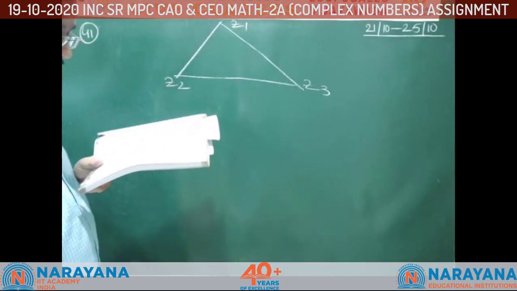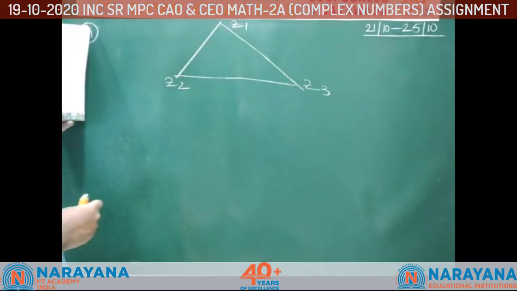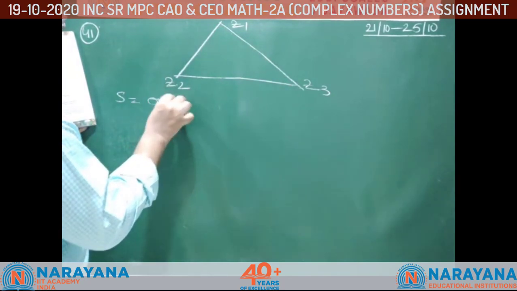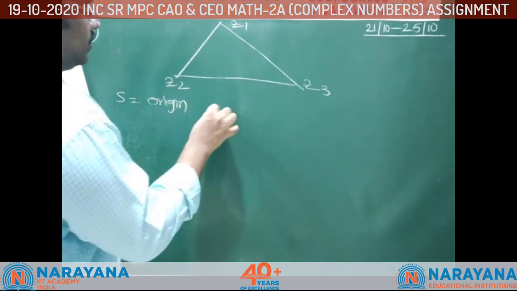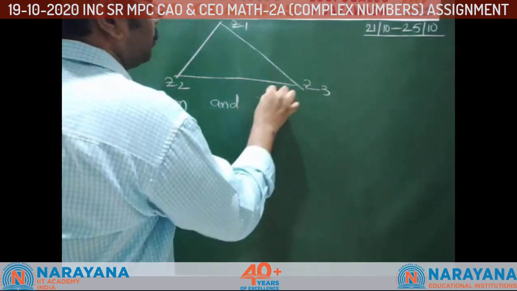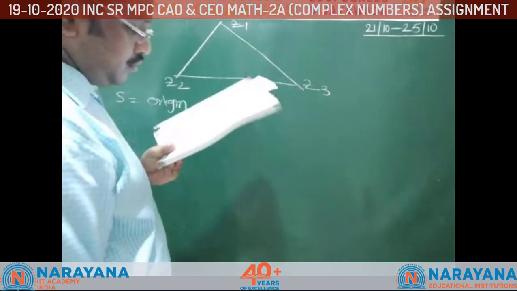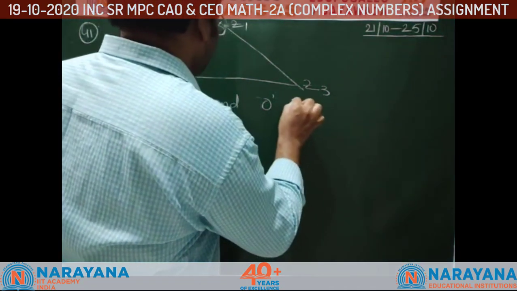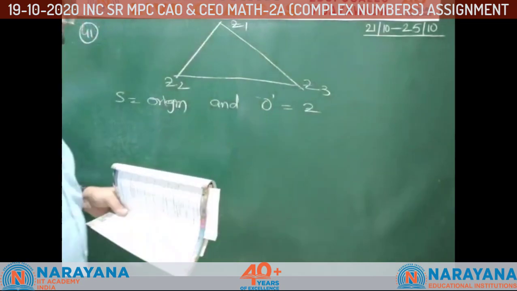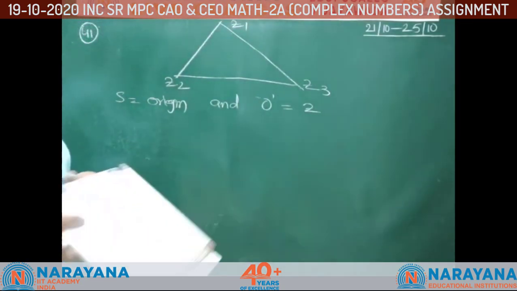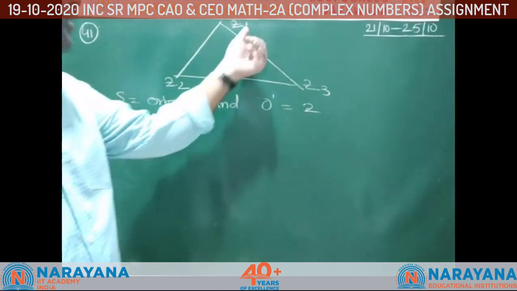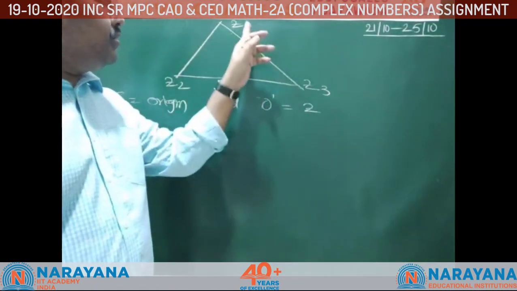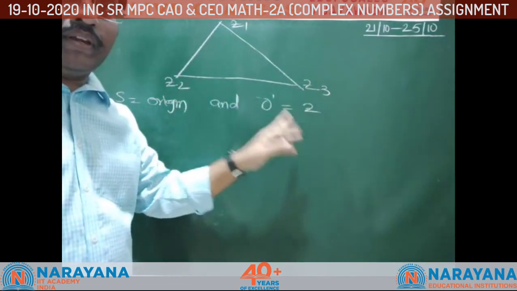In this triangle, the circumcenter is the origin, and the orthocenter is a complex number Z. Then we have to find out the relation between Z1, Z2, Z3 and Z.